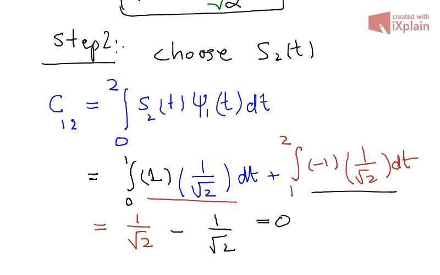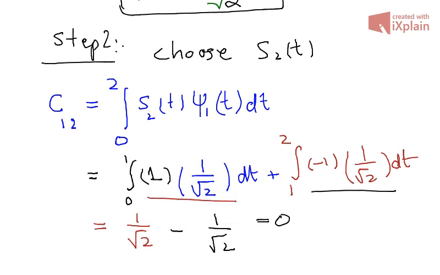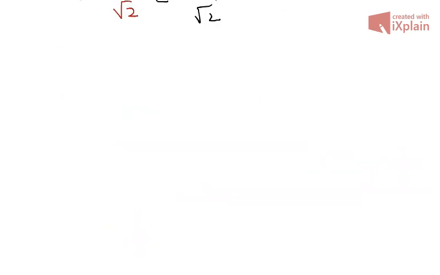Actually there is no projection, which means no image of S2 of t over psi 1. So no image means this is already an orthogonal signal. So if it was already orthogonal, we just need to divide it by its energy. So try to find out the energy of the signal, right? Now you can find your d2.